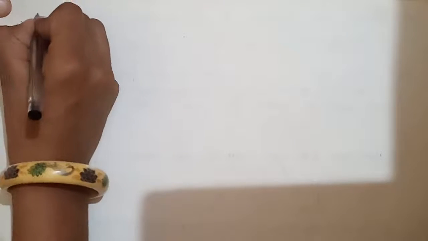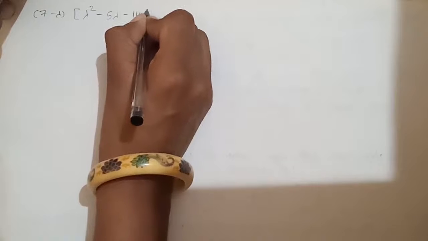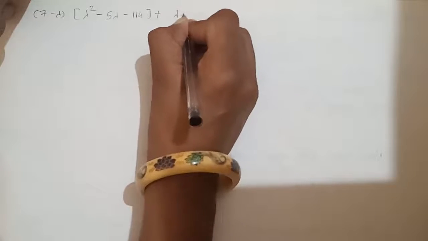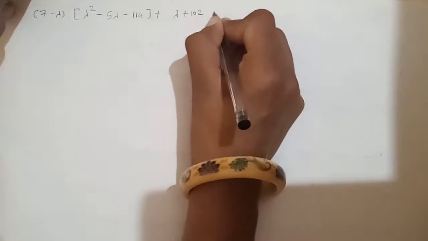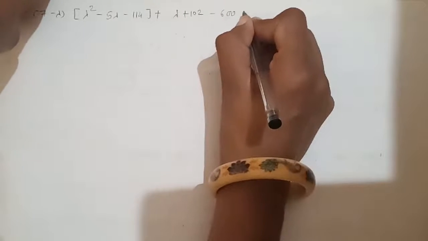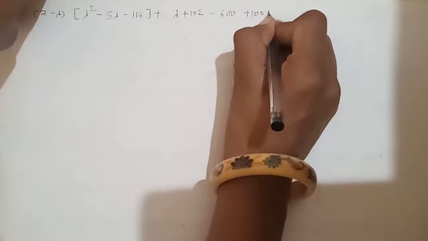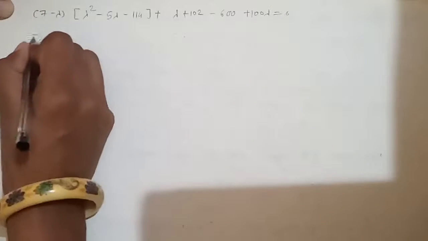Now 7 minus lambda remains as it is, and we have lambda square minus 5 lambda minus 114 plus lambda plus 102 minus 600, and 10 lambda into 10 we have 100 lambda. This is equal to 0.